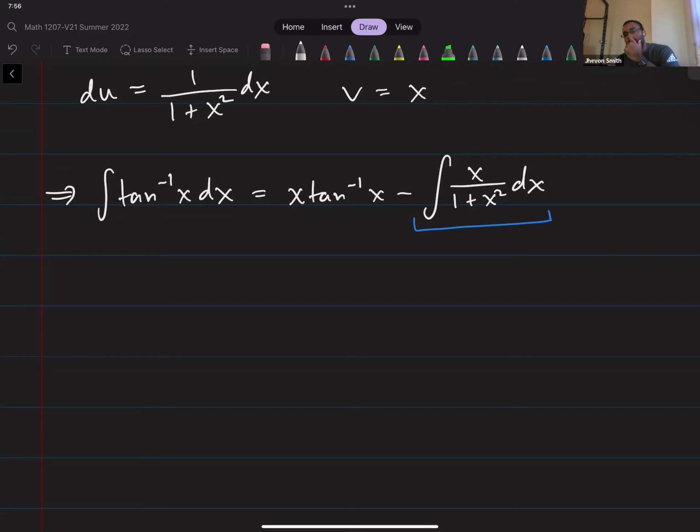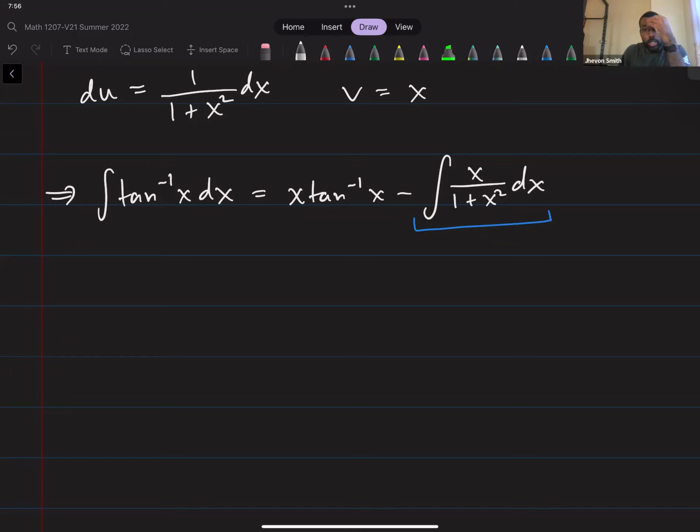If I force you to try to use a substitution, what would you substitute? Just to see if it would work. 1 plus x squared.